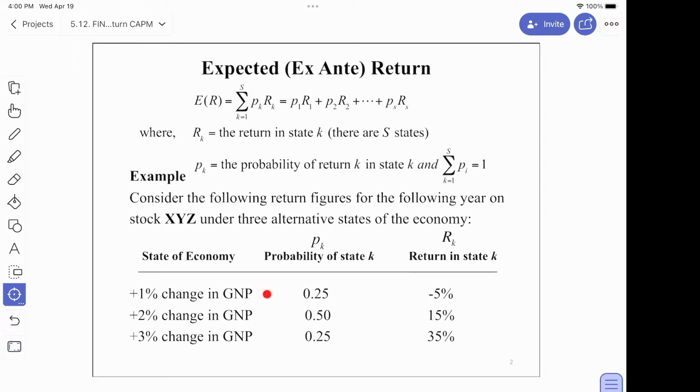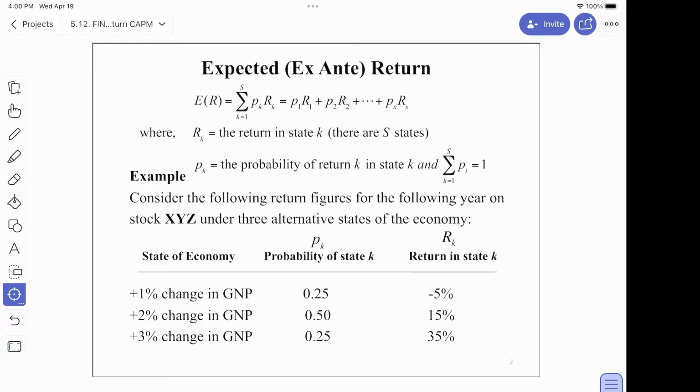So there could be that we are in a low growth state of the economy, a medium type growth state of the economy in terms of GNP, or a higher growth rate or higher growth in the productivity of the economy, as measured for the economy. So the greatest chance is given to the middle one.